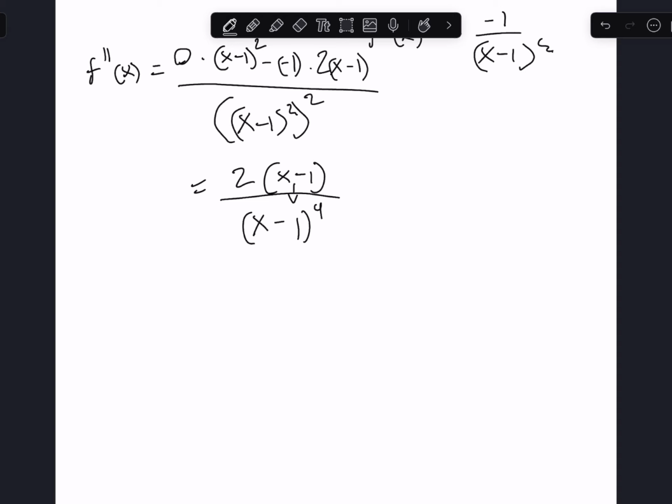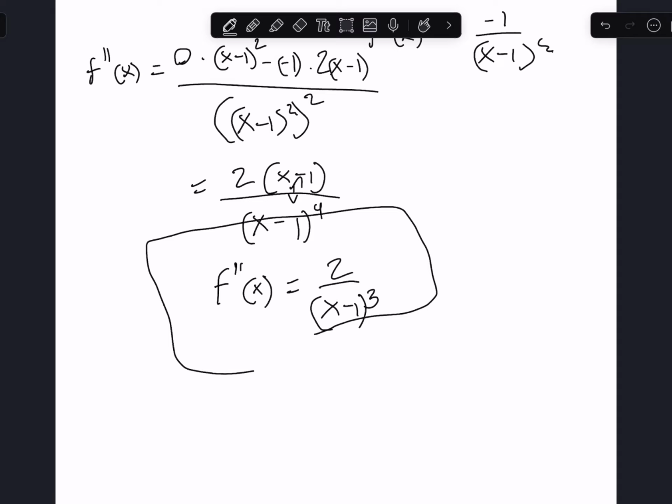The x minus 1 terms are the same, so we get the second derivative is equal to 2 over x minus 1 cubed. And that is how you find the second derivative. We use the quotient rule twice. And that is the second derivative of f of x equals x over x minus 1.